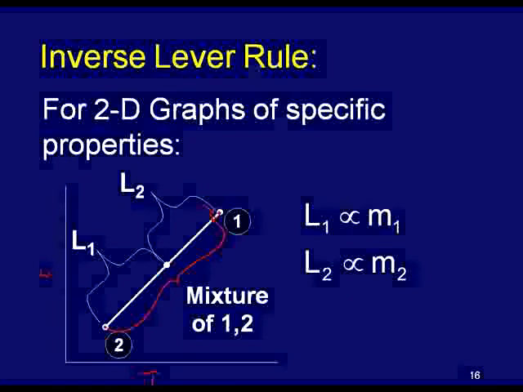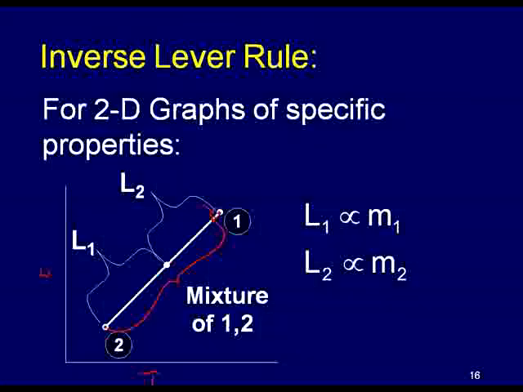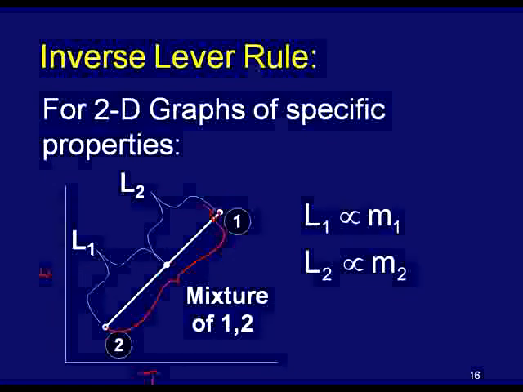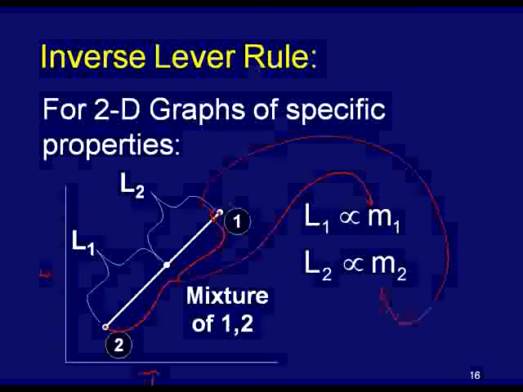So they call it the inverse lever rule. We call it the inverse lever rule because L1, from 2 to 1, is proportional to the mass of mixture 1, and L2, the shorter distance, will be proportional to the smaller mass.